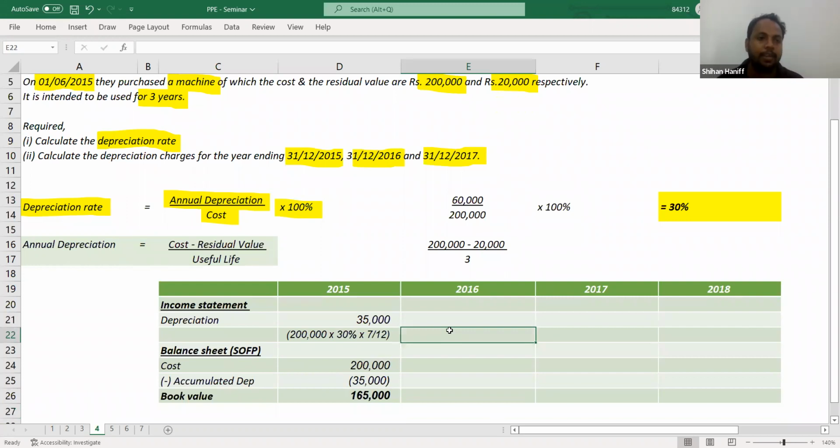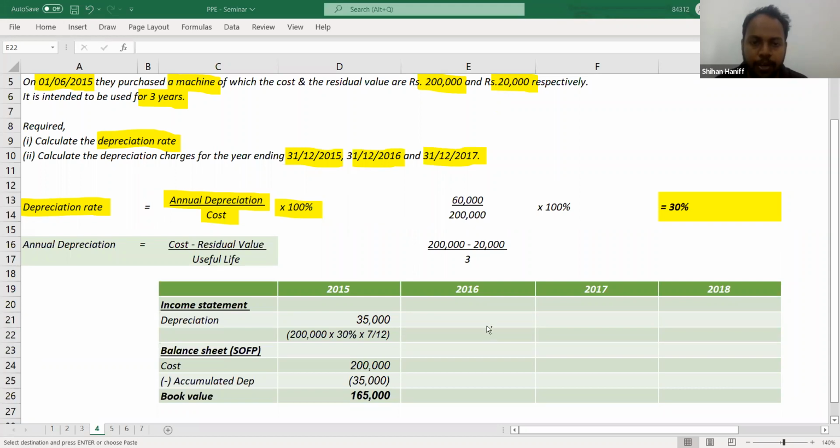Okay. Then in 2016, how many months will you use the machine for 2016? What is the depreciation for 2016? You will use the machine for the full year.